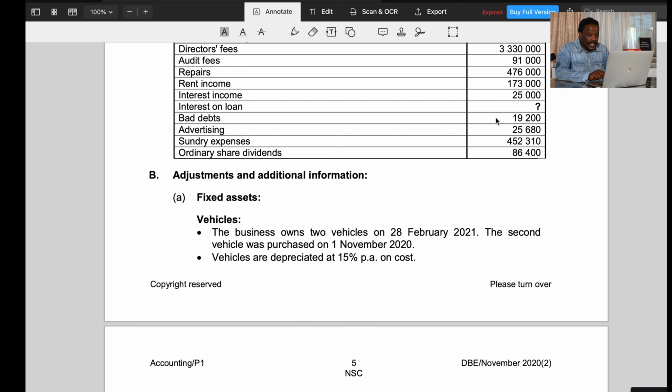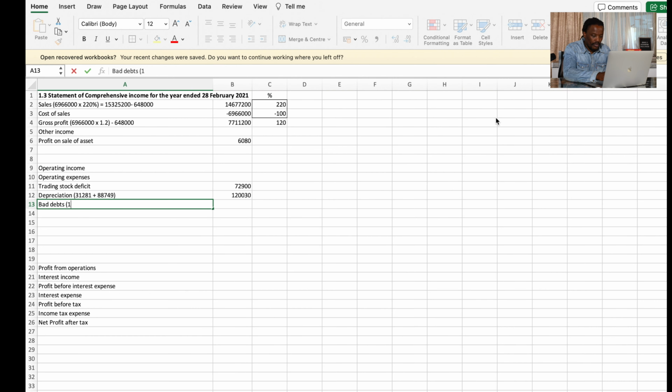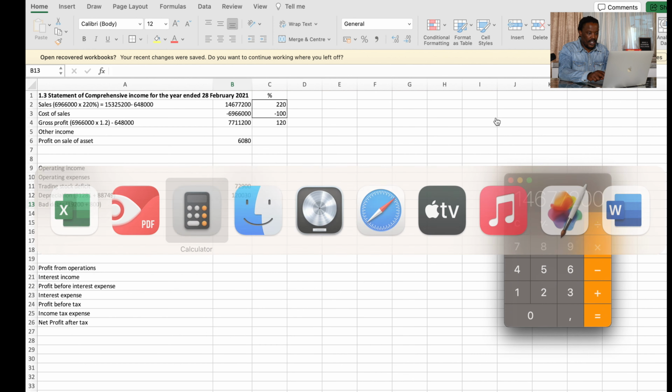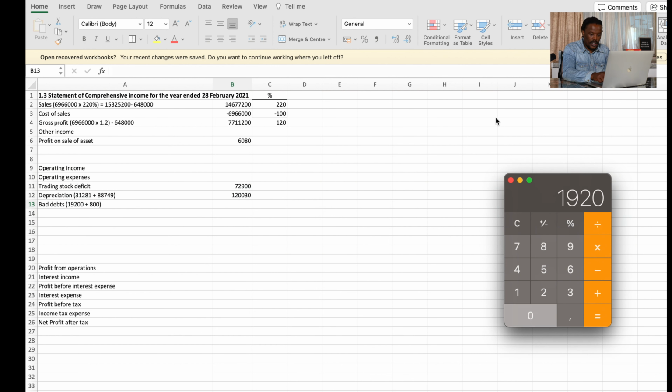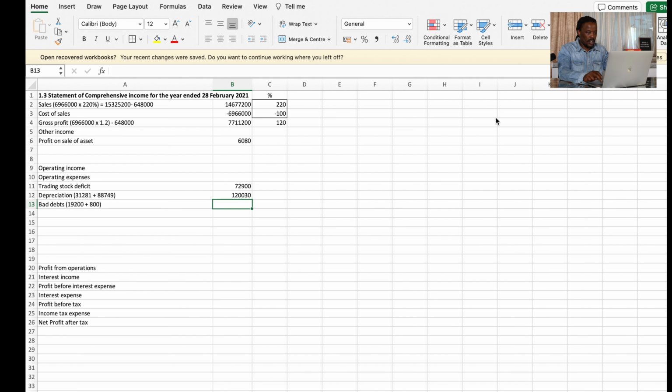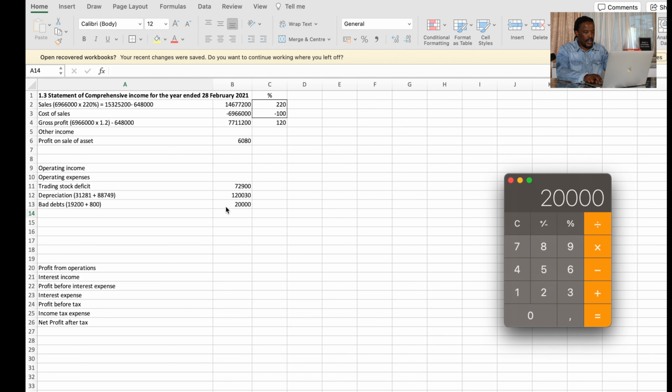It's 19,200, plus the 800 on the adjustments, which is 20,000. Bad debts. Let's carry on.